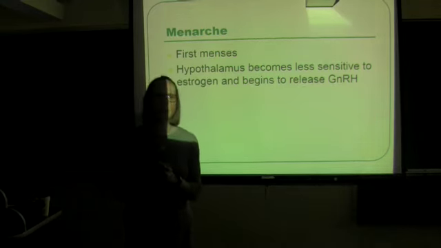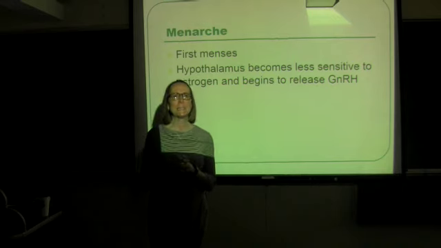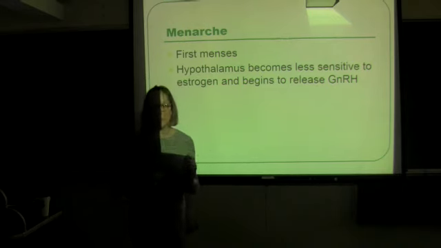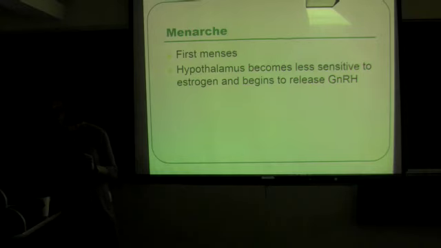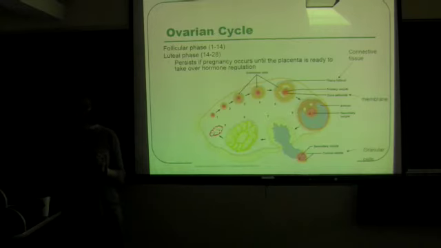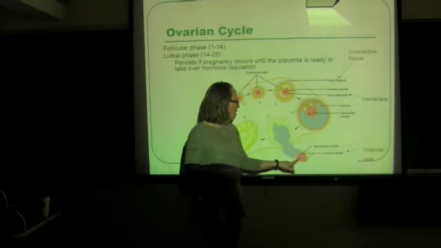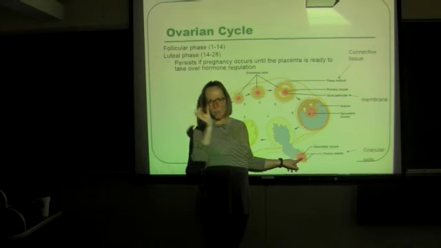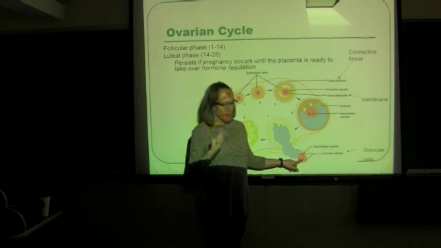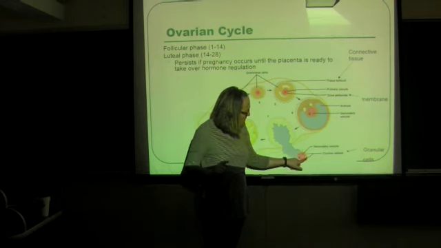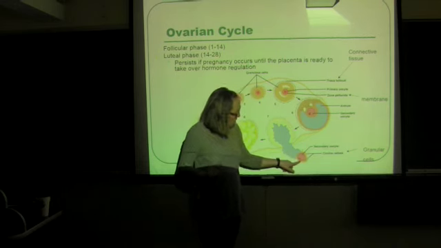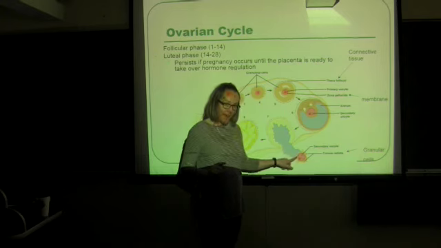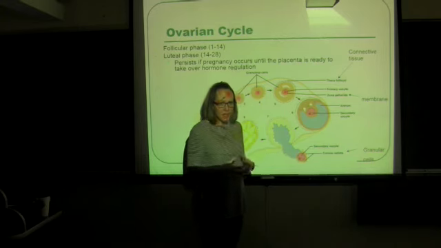Do you guys need me to go back and go over anything? Yeah. What do you need? The corona radiata. Yes, okay, let me back up. You guys can always wave your hand, I don't mind. So when it is ovulated, it takes some of those cuboidal granular cells with it, and they surround the oocyte, and that is called the corona radiata. It's just the leftover cells from when it was still in the ovary.